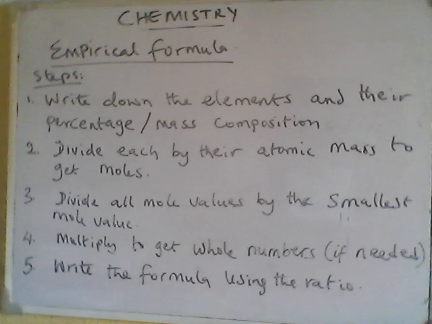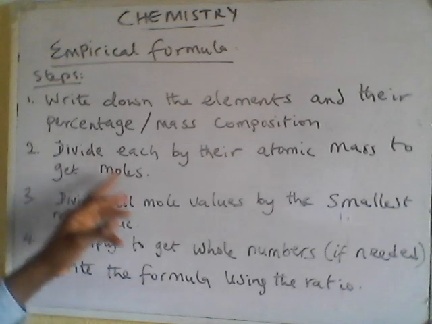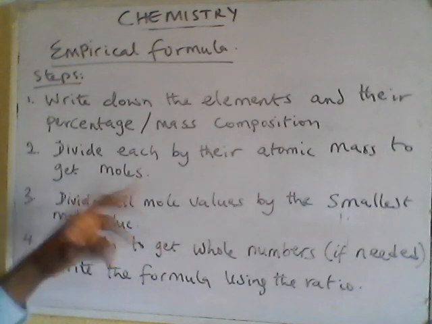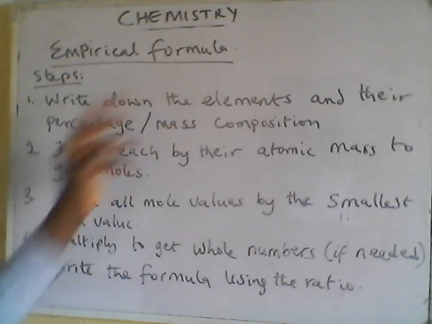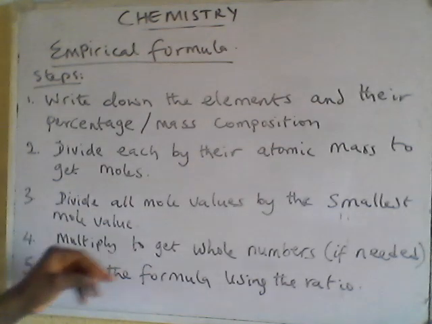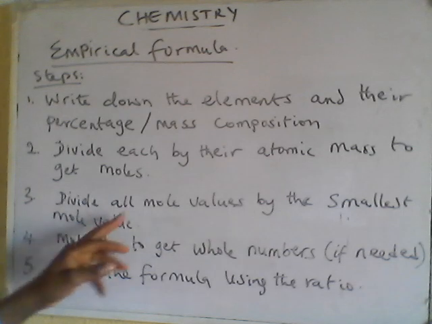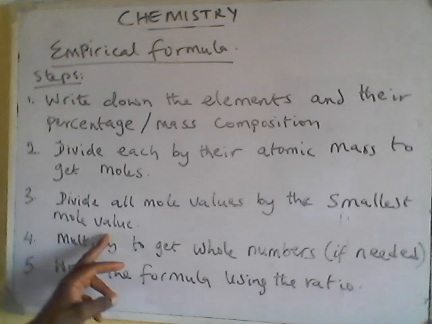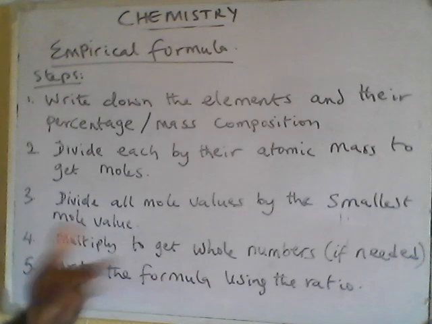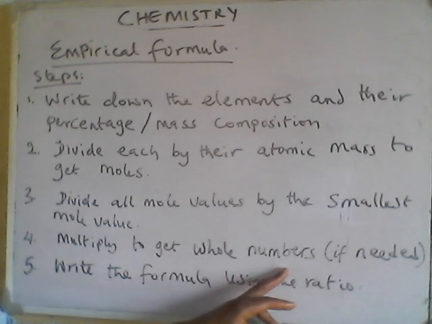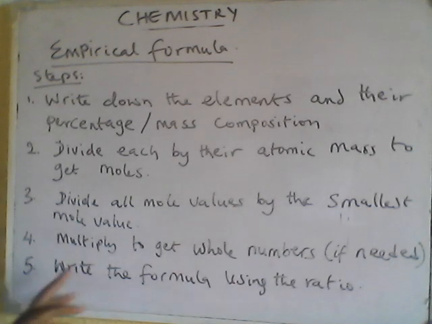Second, divide each by their atomic mass or molar mass to get the moles. Then divide all the mole values by the smallest mole value. That's to get a ratio, like a reduction. Then multiply to get whole numbers if need be. Then finally write the formula using the ratio.